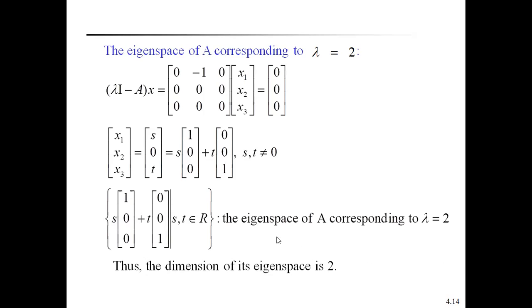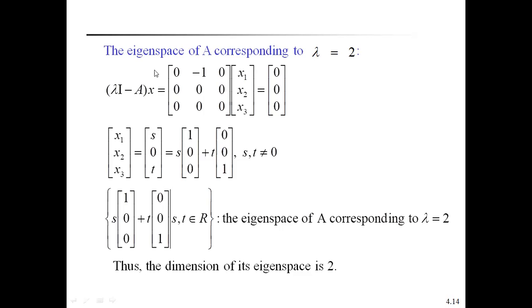Therefore, this space is called the eigenspace corresponding to lambda equal to 2. Because the eigenvalue 2 is repeated 3 times, we get the same eigenspace for all 3 values of lambda equal to 2.